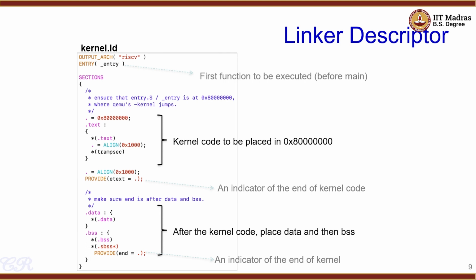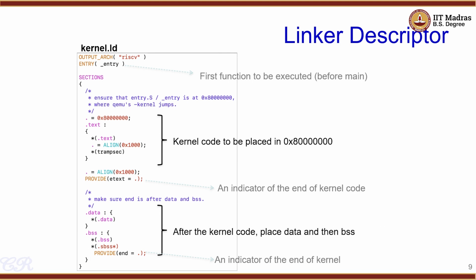Now very important for us is this line, which is ENTRY(_entry). What this line essentially means is that _entry stands for a function which is the first function to execute. Notice this is different from what you're used to with C programs.